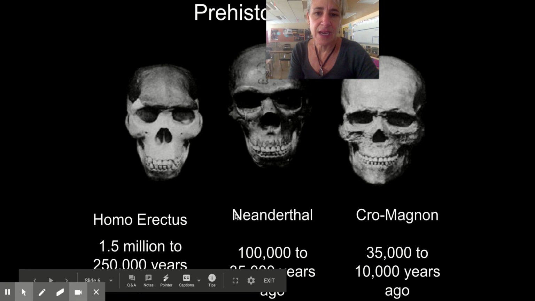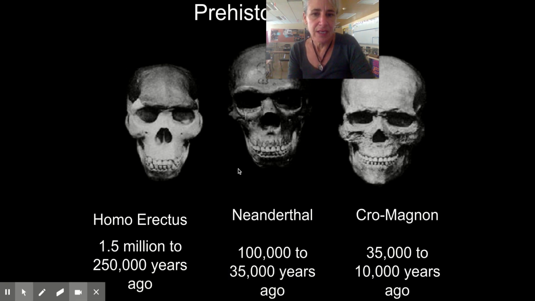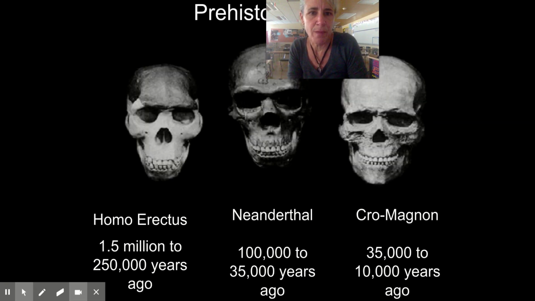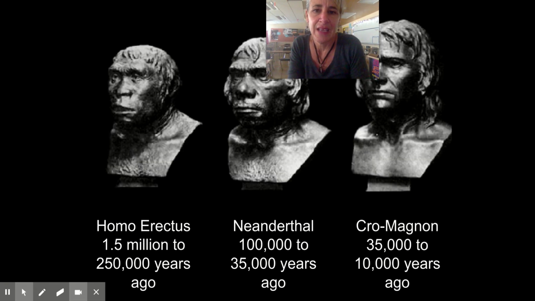Neanderthals and Cro-Magnon are 2 different types of human species. One of them died out. Those were the Neanderthals, and then Cro-Magnon takes over. So basically, it's kind of hard to imagine what people look like.